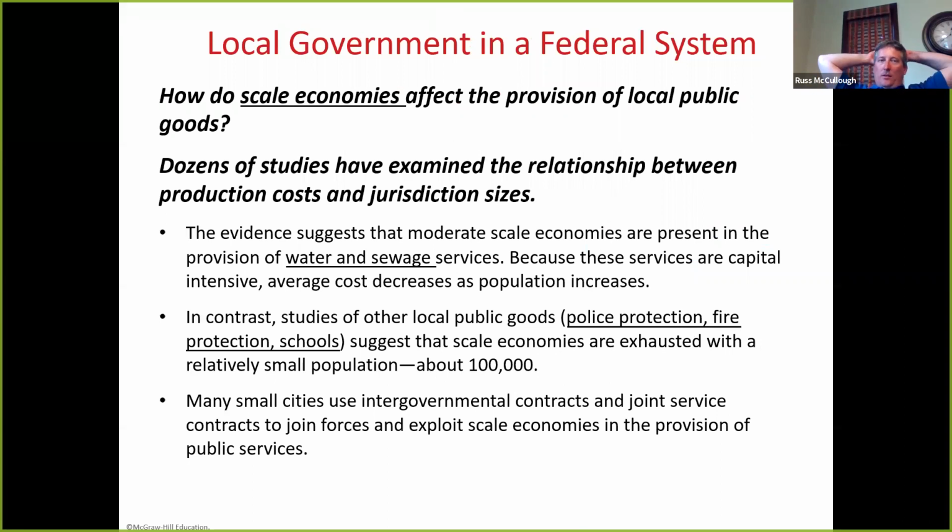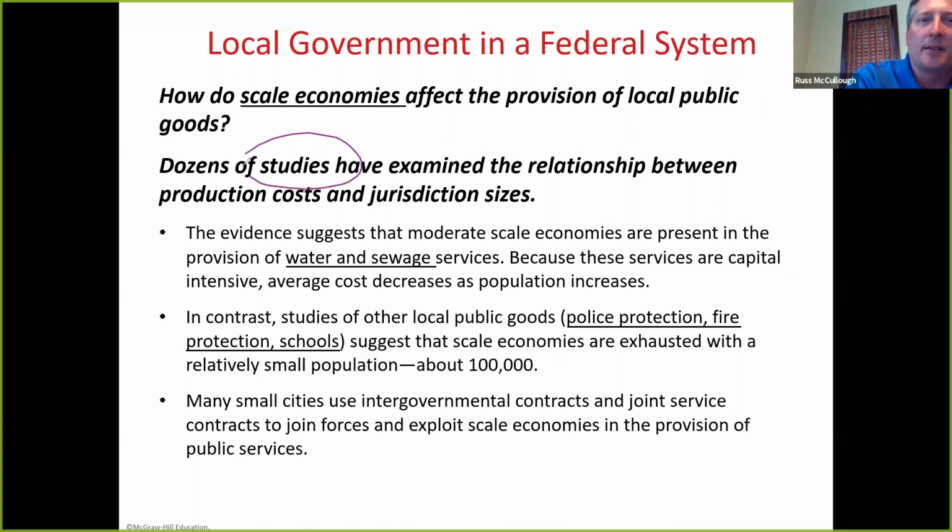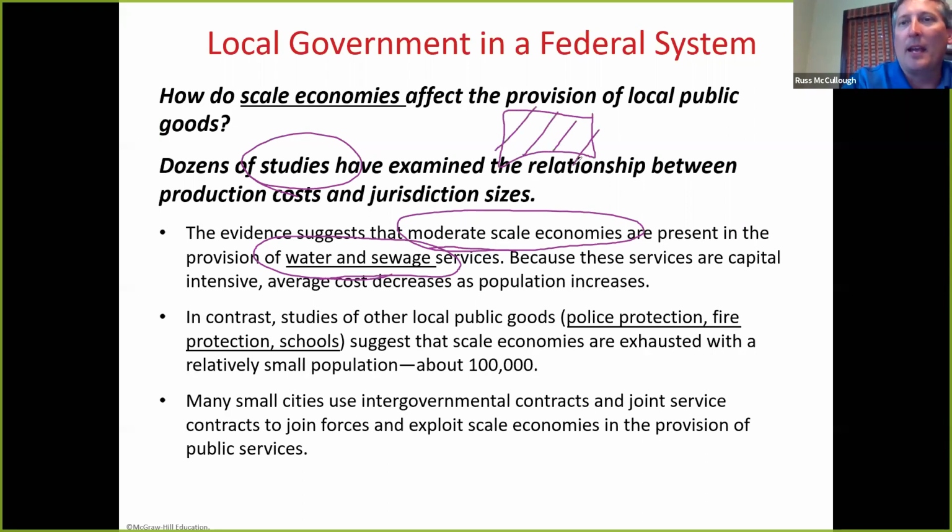Okay, so first let's look at the scale economies. There's been a lot of empirical analysis done by economists. So that's research projects done by economists. And what they find is that if we're talking water and sewer provision, then we have moderate scale economies. If you have this big waste plant here, and you've got one house serving it, two houses, three, four, five houses.